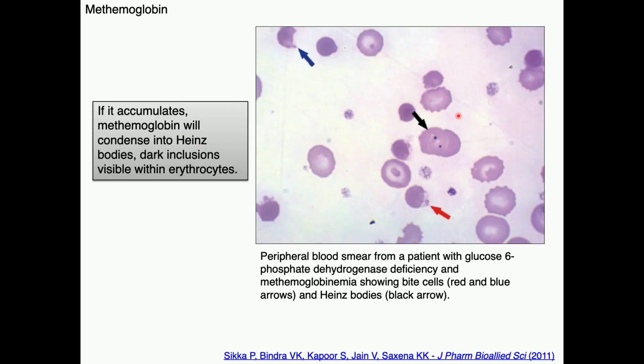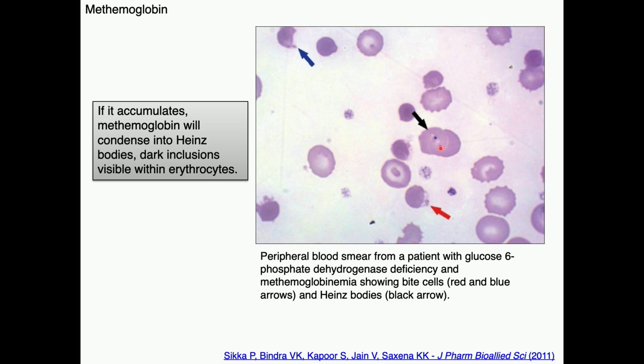Okay, and that methemoglobin can condense as it's aggregating and accumulating within the cell. It can condense with the oxidized glutathione and other proteins into occlusions, or just blobs of non-functional protein, and these are referred to as Heinz bodies, and you can see them.